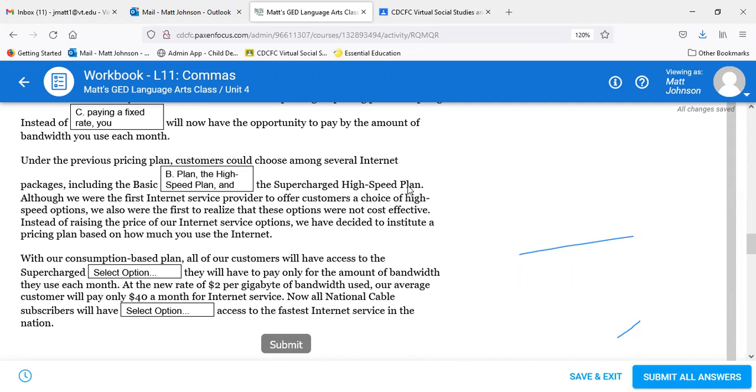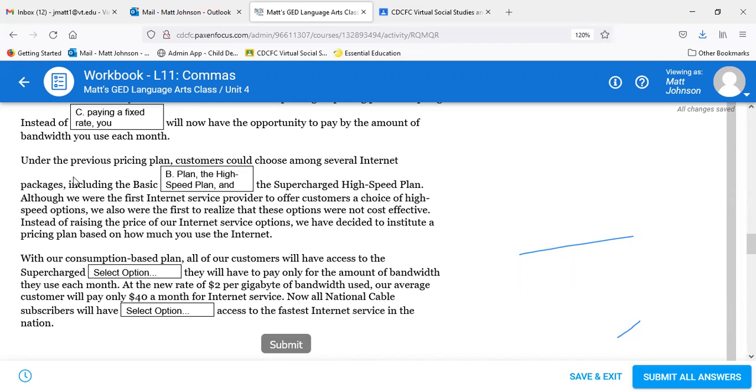So there's that serial use of the comma there. So B, that's just a big old ugly sentence. There's a lot going on there, but that's basically what it comes down to, separating a list of items.